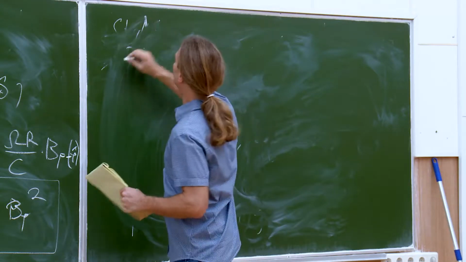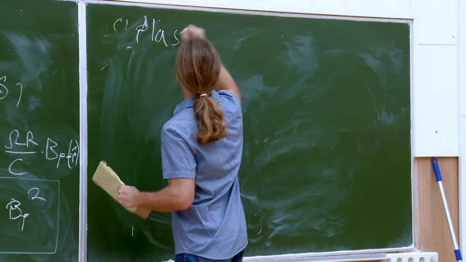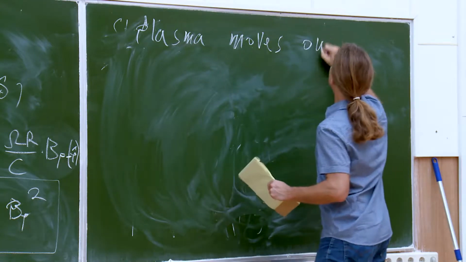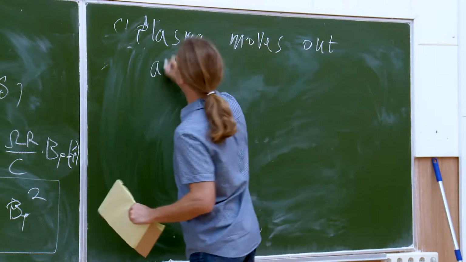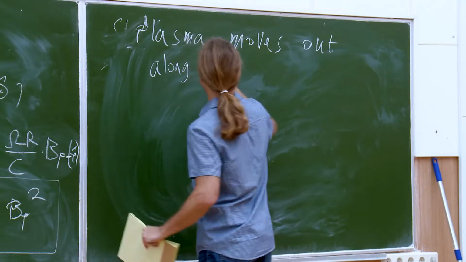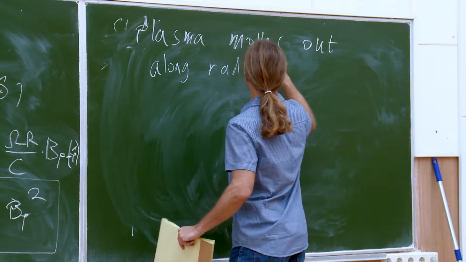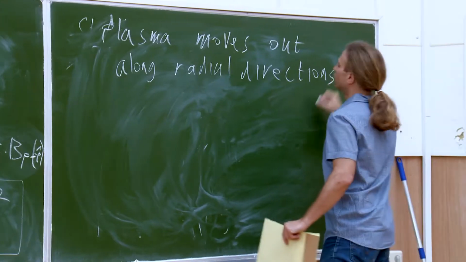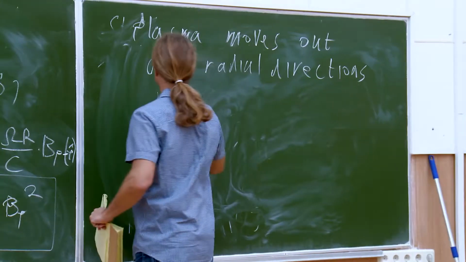Okay? So plasma moves out along radial directions with the drift velocity.